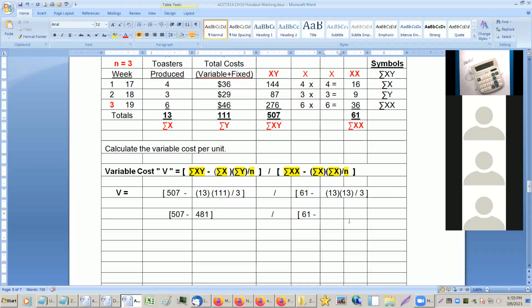61 minus 13 times 13 divided by 3. That's not going to be a nice number. $56.33.